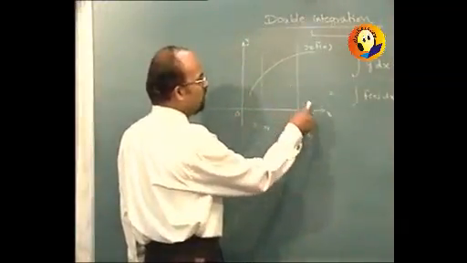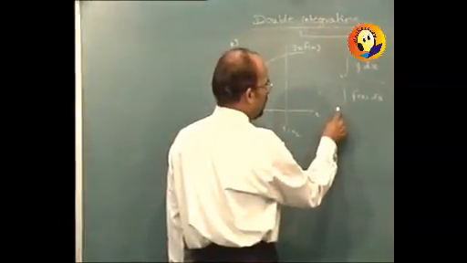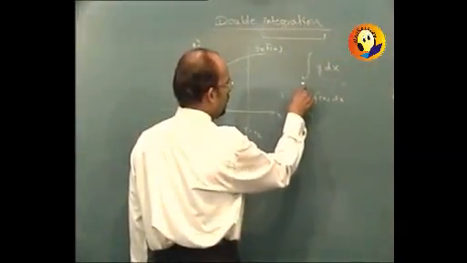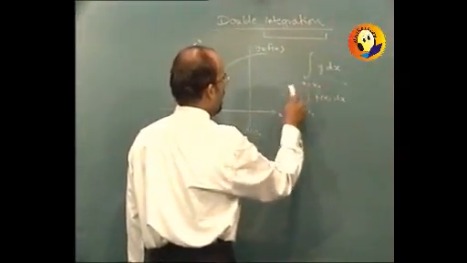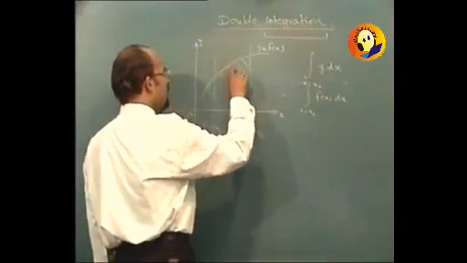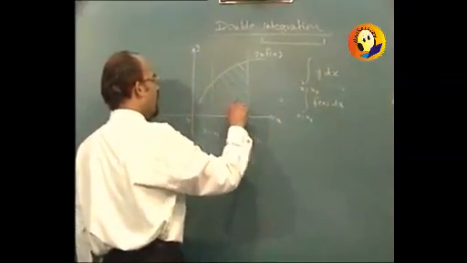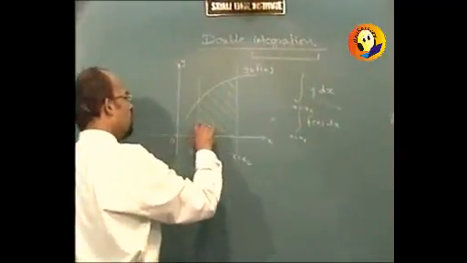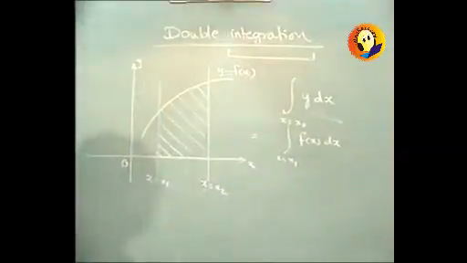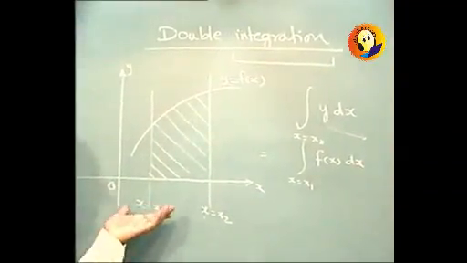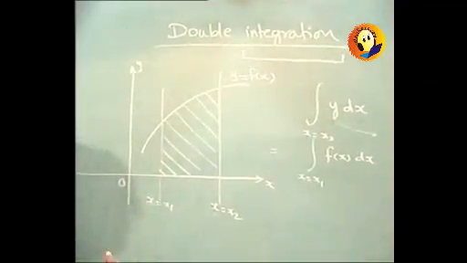Then when you refer to integral f(x) dx from x equal to x1 to x equal to x2, it will be considered as the area under the curve y equal to f(x) from x equal to x1 to x equal to x2. This concept is very well known.